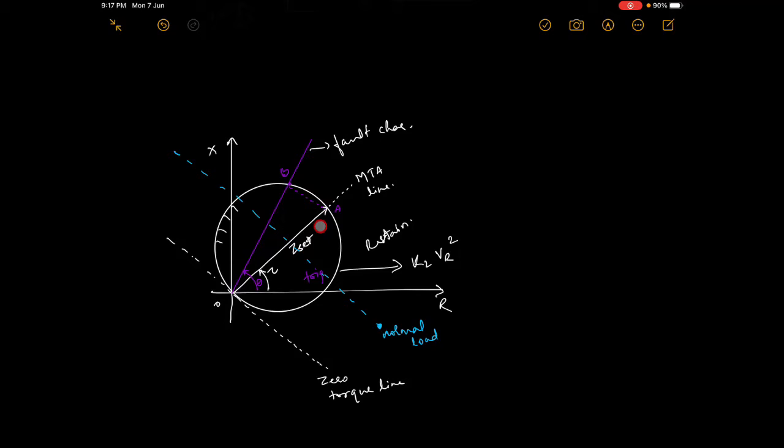Because the circle radius is Z by 2, whereas in your impedance relay, Z is the radius only, but here the radius is Z divided by 2, so therefore the circle is less. Since the circle is less, this does not operate.